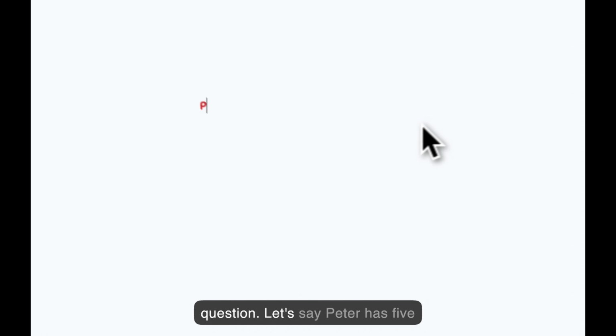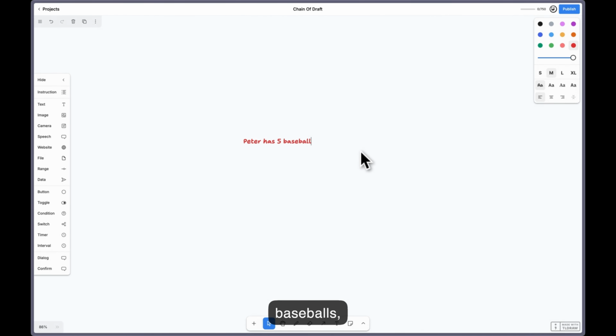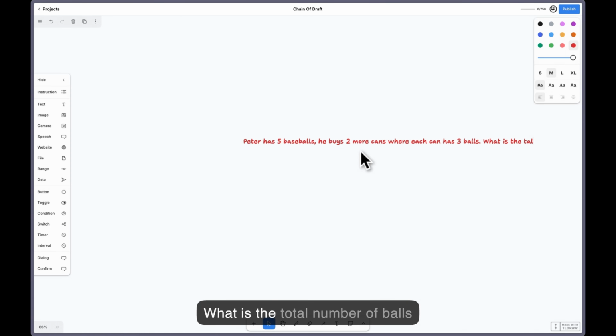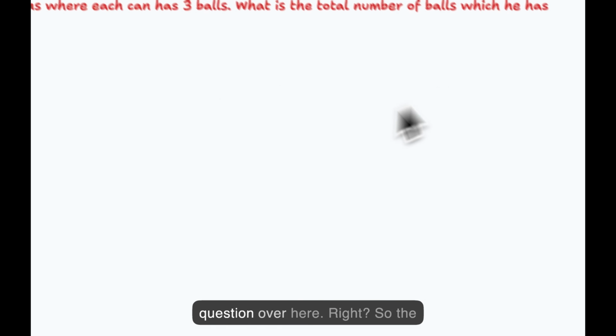Let's say Peter has 5 baseballs, and he buys 2 more cans, where each can has 3 balls. What is the total number of balls which he has? So this is the question over here, right?